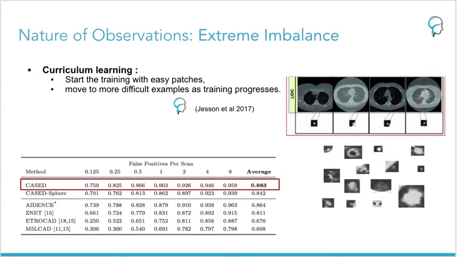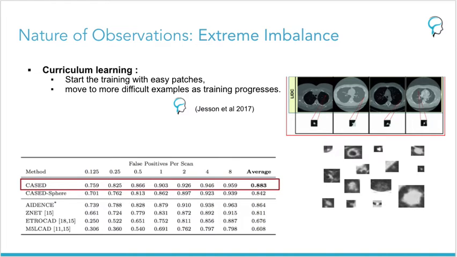Right, so also, a paper from a colleague of mine at Imagia extended the patch-wise training with curriculum training, which means you first start the training on easy patches. So it's again patch-wise training, but you start with easy patches, and as the model gains more knowledge about the task at hand, you increase the level of difficulty by introducing more challenging patches.